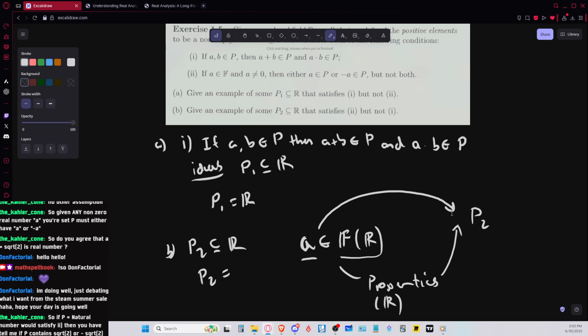Which makes more sense, because if P2 was the natural numbers, hypothetically, then it would make sense to me that all the numbers in P2 are natural numbers. In other words, they don't contain any negative numbers or any rational numbers or any real numbers in it. But since you're asking me whether the square root of 2 or the negative square root of 2 is contained in P, that makes me think that we have to think about this first.